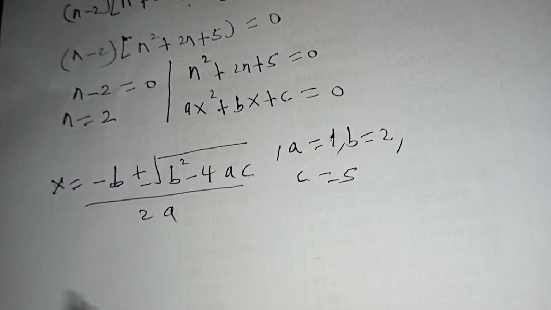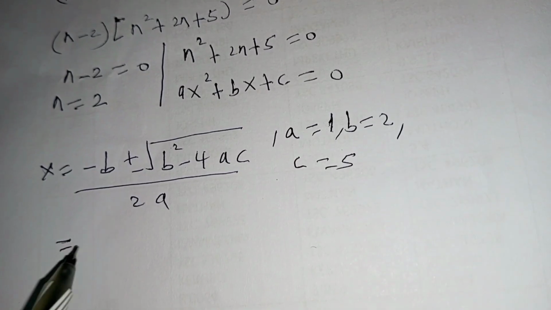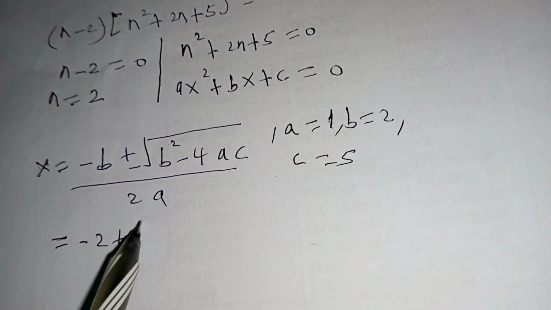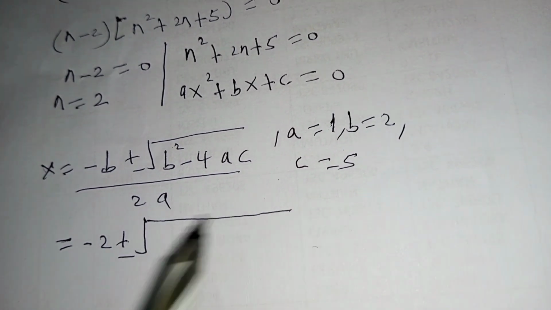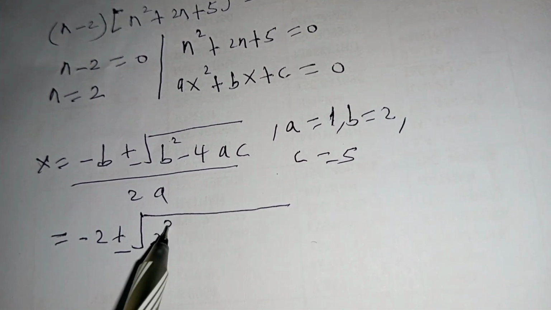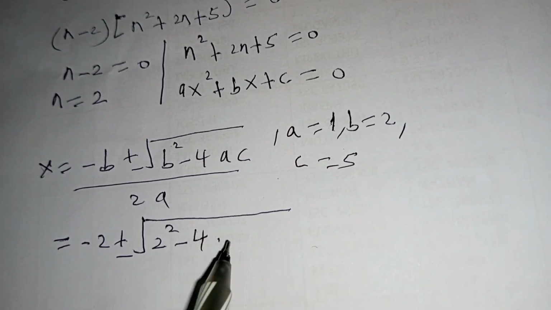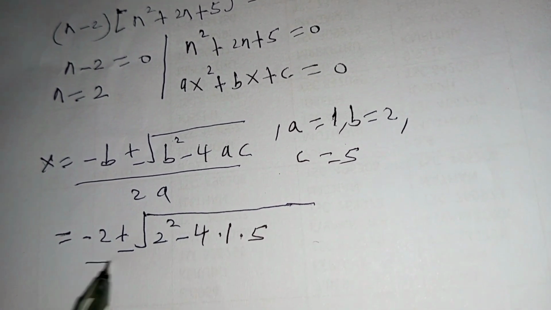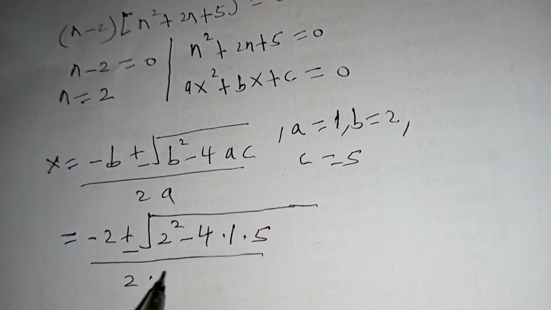So substituting the values here, we shall have negative 2 plus or minus the square root of 2 squared minus 4 multiplied by 1 multiplied by 5, divided by 2 multiplied by 1.